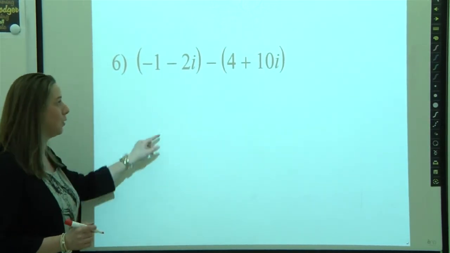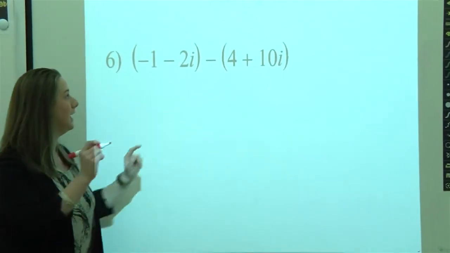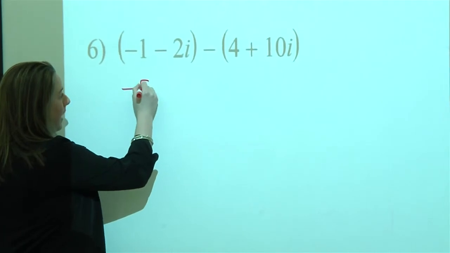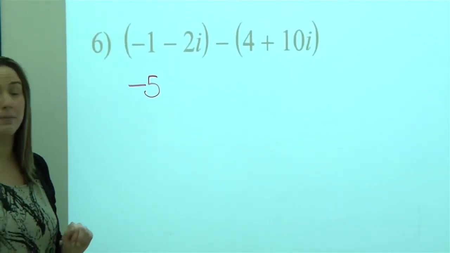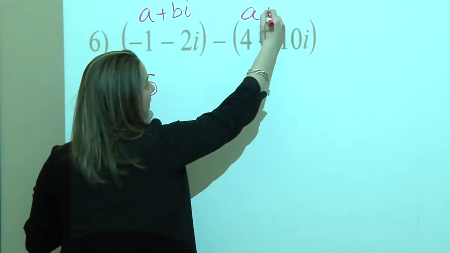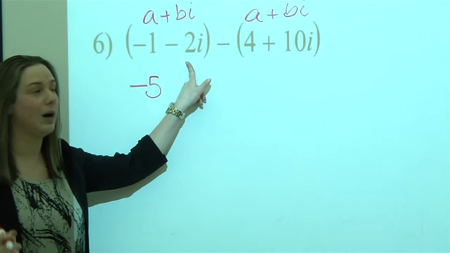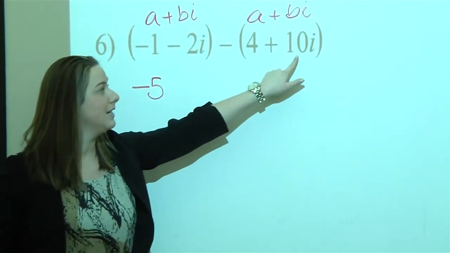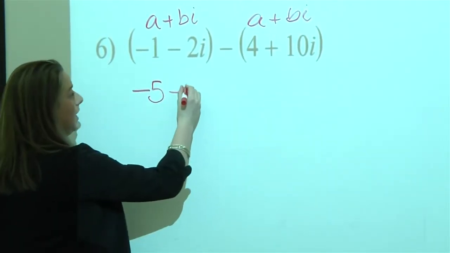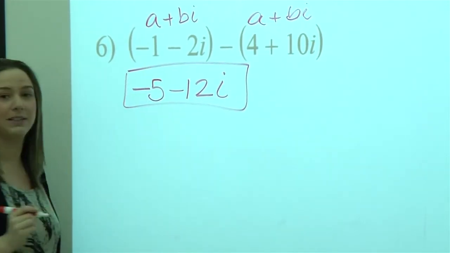So it's pretty straightforward. -1 minus 4 is going to give me -5. Those are both the real parts if I think about a plus bi and a plus bi. And then I can take -2i and subtract 10i to get -12i, which is my solution.